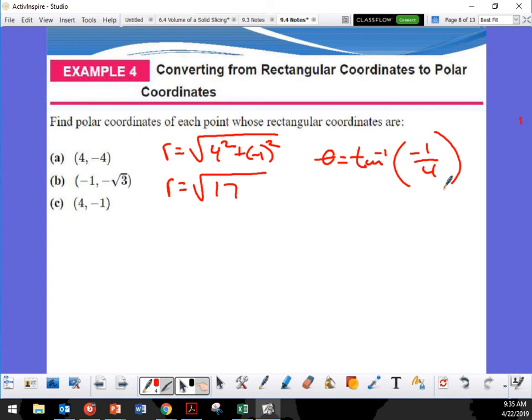Okay, so we say theta is negative 14.036 degrees, and convert that to radians. So especially on something like this, I'm pretty sure you're not going to get a nice pretty answer. So go ahead, put in the pi. So multiply by pi over 180. So negative 0.245.